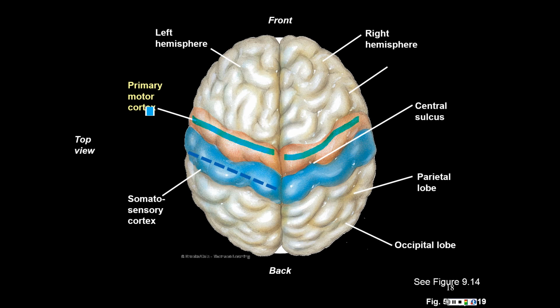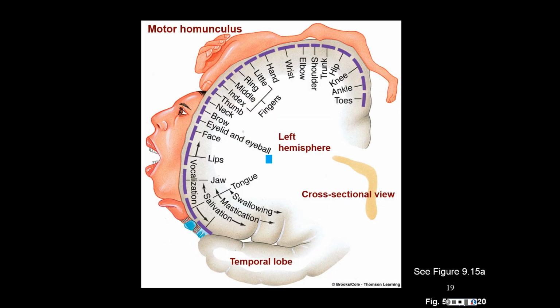The primary motor cortex is that part of the brain that allows us to voluntarily move specific regions of the body. You can see a similar image, figure 9.15a, of the way the gray matter in the primary motor cortex is arranged.